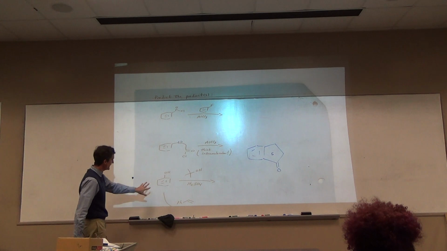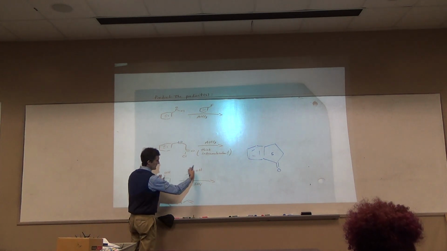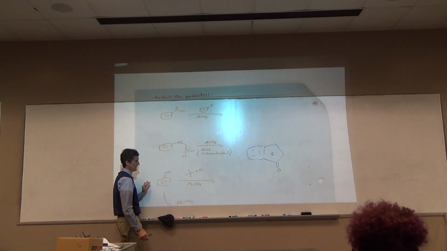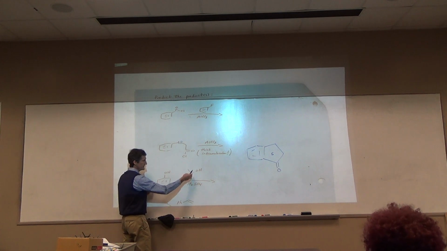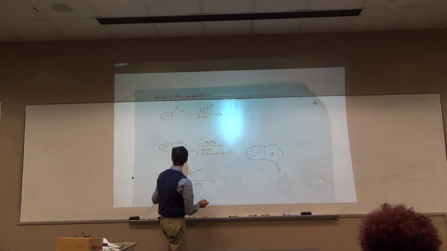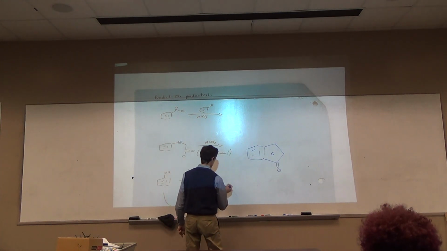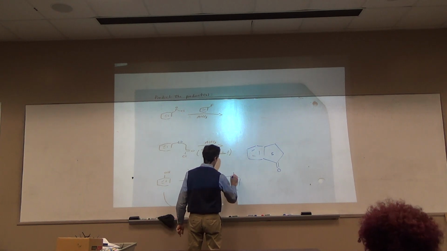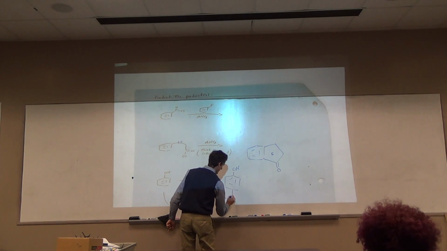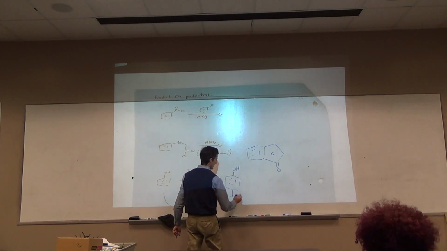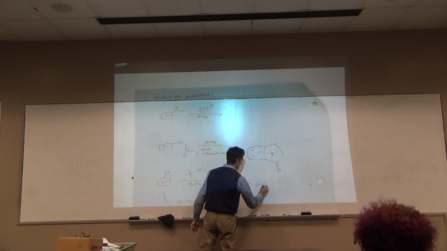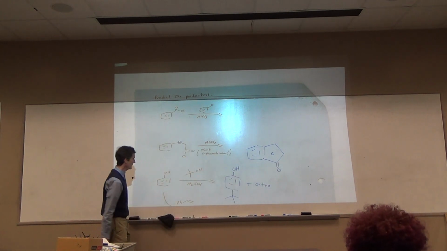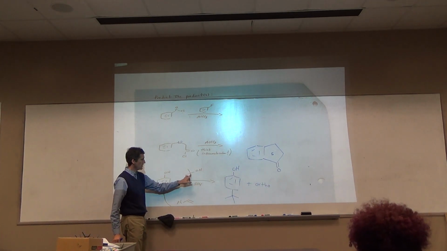Okay, the one below. What do we have going on here? An alcohol, sulfuric acid, carbocation, product here. What type of director do we have on this ring? Ortho-para. Yeah, it's an ortho-para director. How about this here as a product? Yes, plus ortho. Yep. Don't make the tert-butyl carbocation.